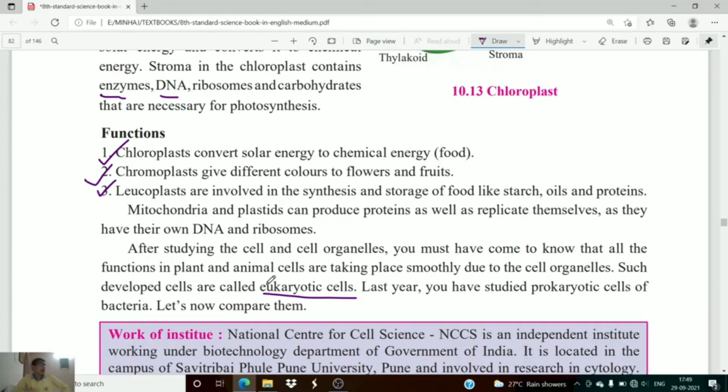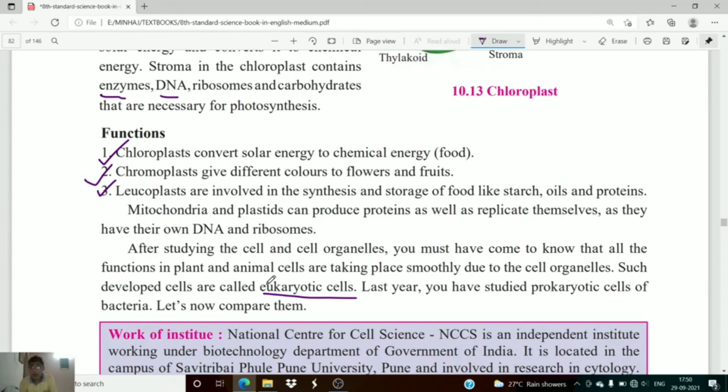So we have studied animal cell and plant cell in this chapter, and we have gone through the functions of different cell organelles, and by this we have understood that the smooth functioning of the cell organelles has led to the development of the body of a particular living being. So whatever cells we have studied in this chapter are eukaryotic cells, as they have developed nucleus and developed organelles.